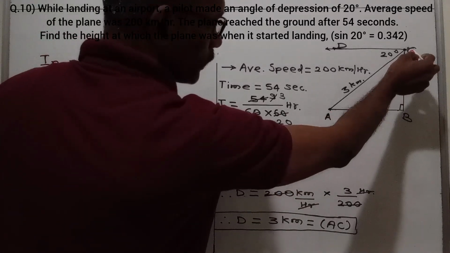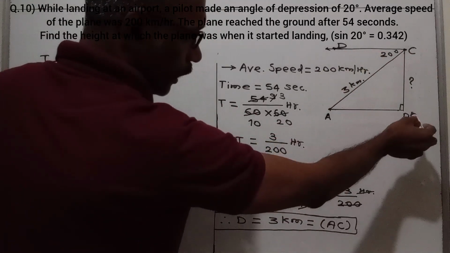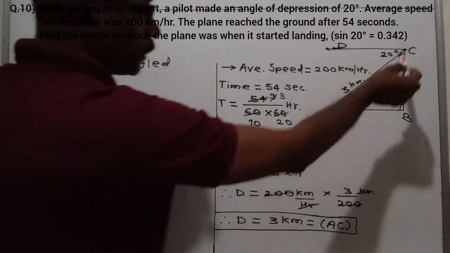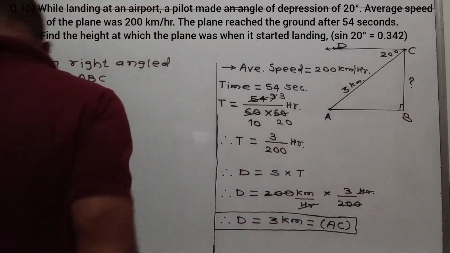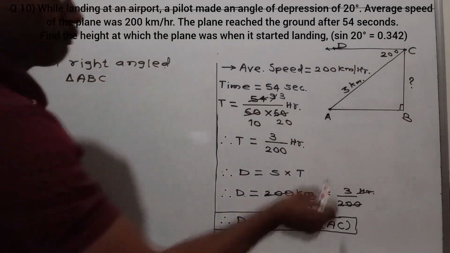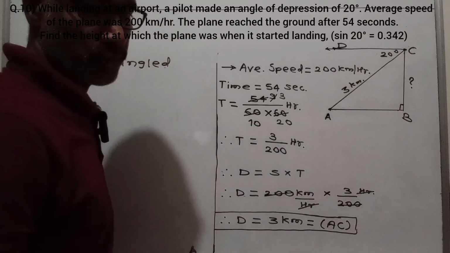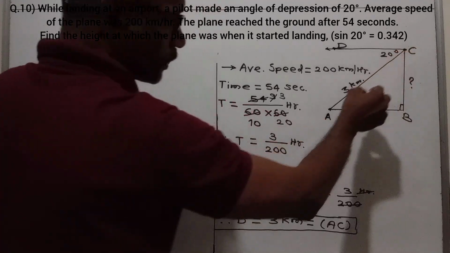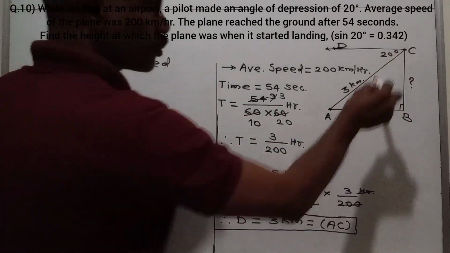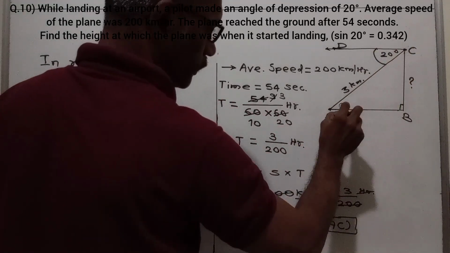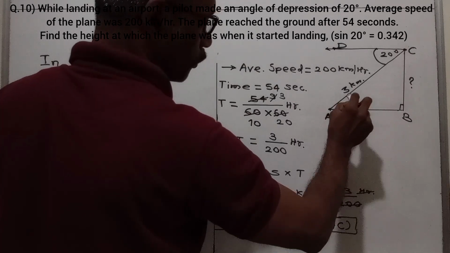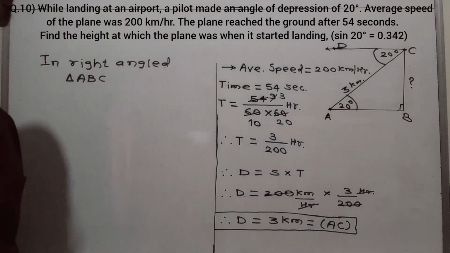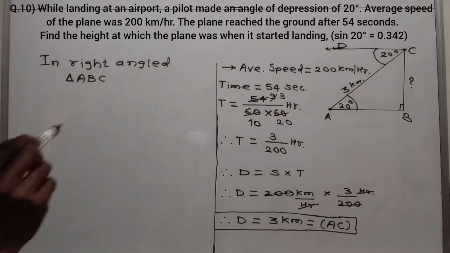Now this line of vision and ground are always parallel to each other, and now here AC is a transversal, so this angle and this angle are congruent because these are alternate angles.